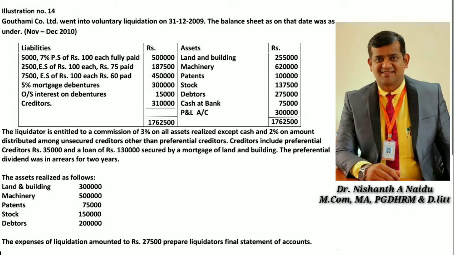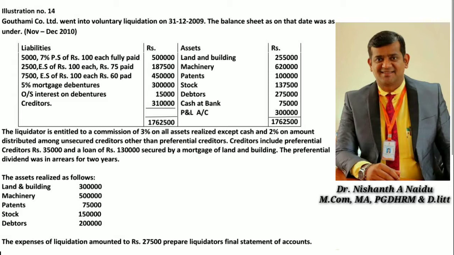So dear student, this is the problem. It is a regular kind of problem. There is no extraordinary adjustment, it is a normal problem with normal adjustments. Here you have to be careful about three parts. One is on the liability side: while settling the preference shareholders, there is a dividend. We have to calculate 7% dividend on those preference shares.